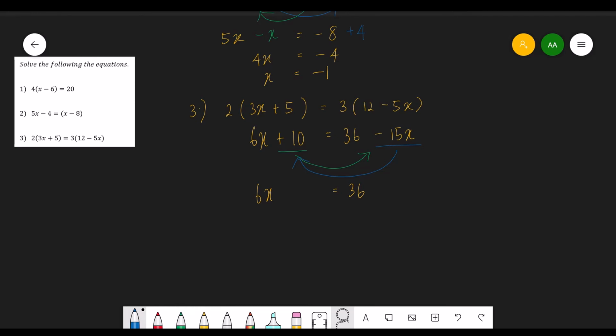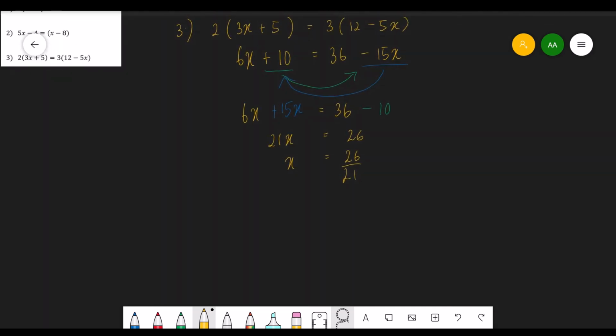Minus 15x becomes a plus 15x, while plus 10 becomes a minus 10. This is what we have. So we proceed to solve this. We have 6 and 15 is 21x equals to 36 minus 10 is 26. So we have x equals to 26 over 21. You can express this as an improper fraction, or you can always simplify this to a mixed fraction. So we have 1 and 5 over 21.